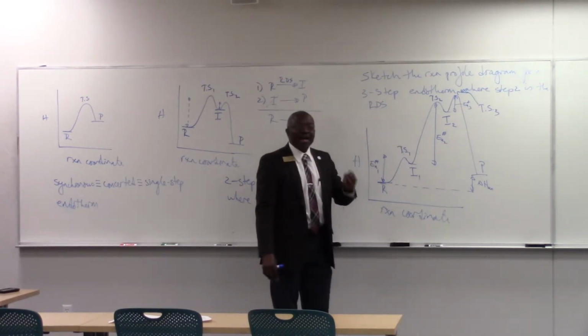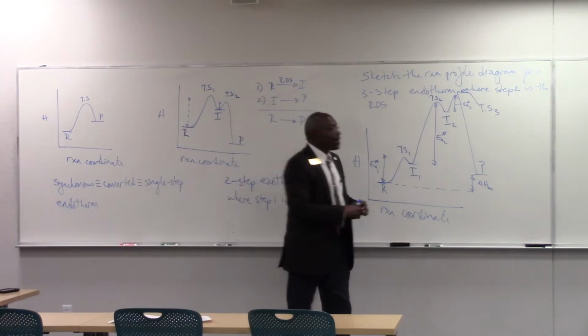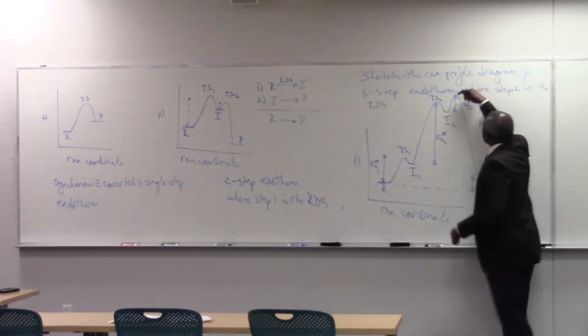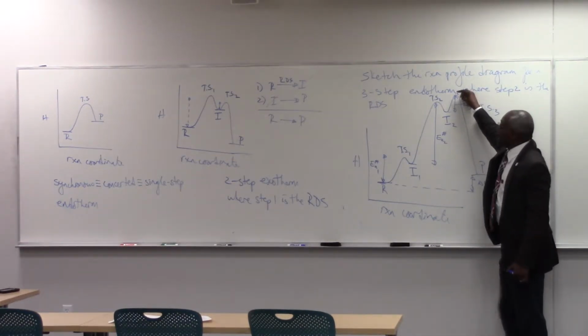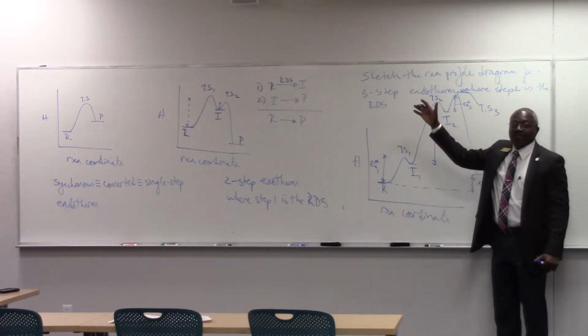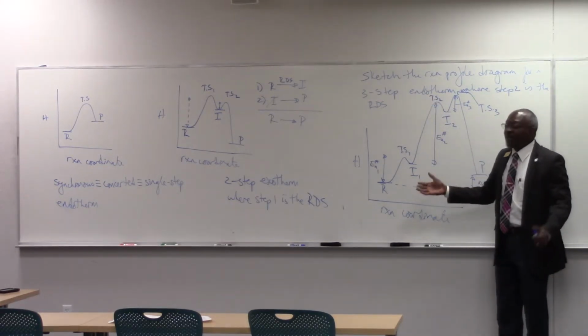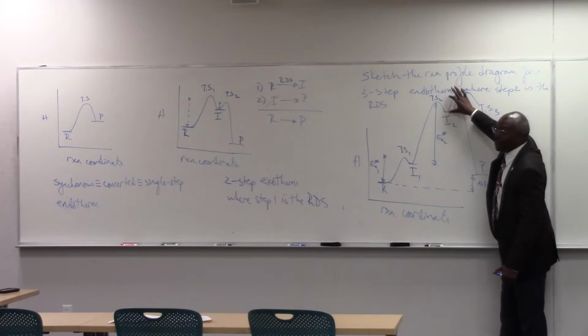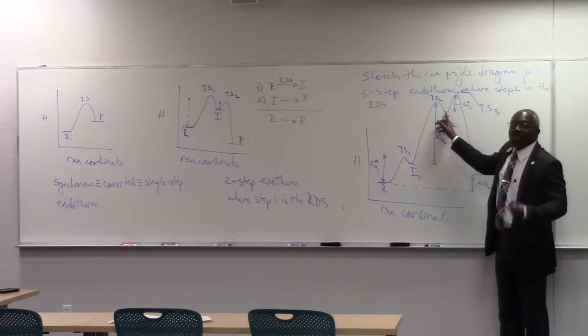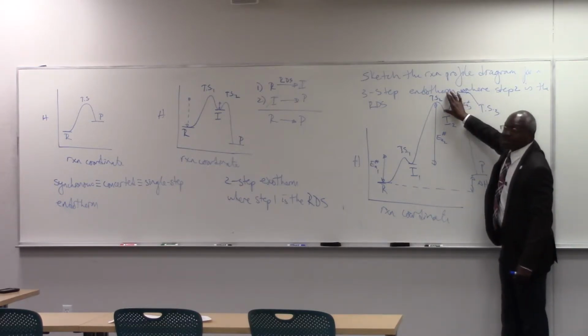It is not the value of the maximum. So even though transition state 3 is the highest in the system, that's okay. The gap between it and the preceding minimum is actually, in this case, the lowest.